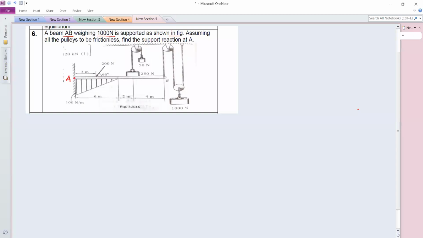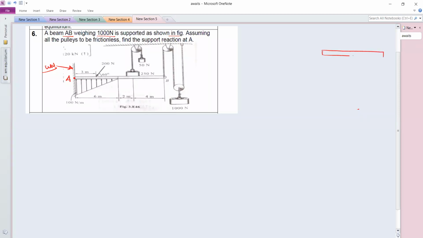So just by observing this support, we can say the given support is the fixed support. So this is the wall, and this beam AB is directly fixed into this wall. So this becomes the fixed support. Okay. Now for the fixed support, we know that there are three reactions.